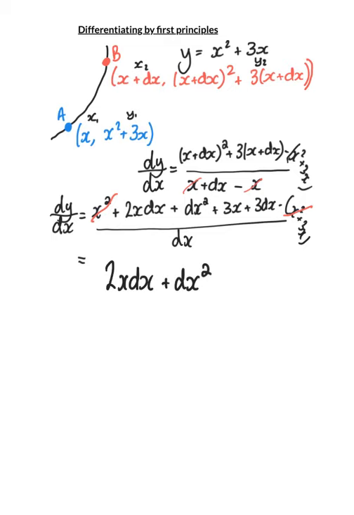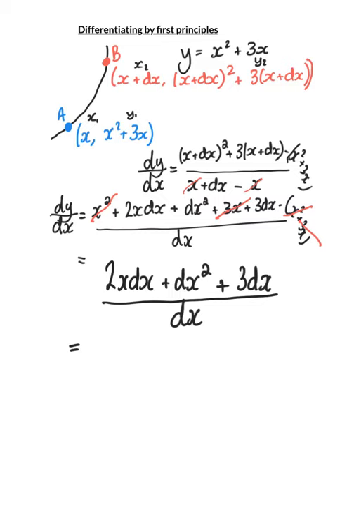Okay, when I go on to the next bit, I've got 3x here. Take away my 3x there. So they're going to cancel each other out. And all I've got left then is plus 3 dx. And that's all going to be divided by dx. So the next thing that I'm going to do is divide by the dx.